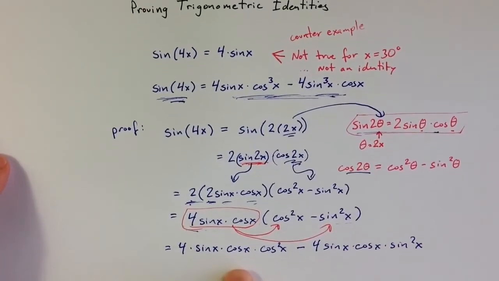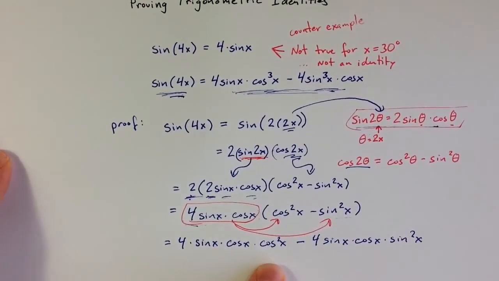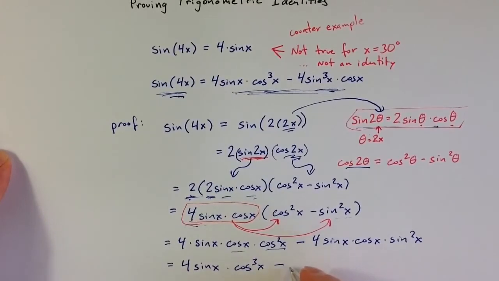And now within this first group of factors, the cosine matches up, so I can add their exponents. And I get 4 sine of x times cosine cubed of x minus 4 sine cubed of x times cosine of x, because in a similar way the sine of x and the sine squared become sine cubed.